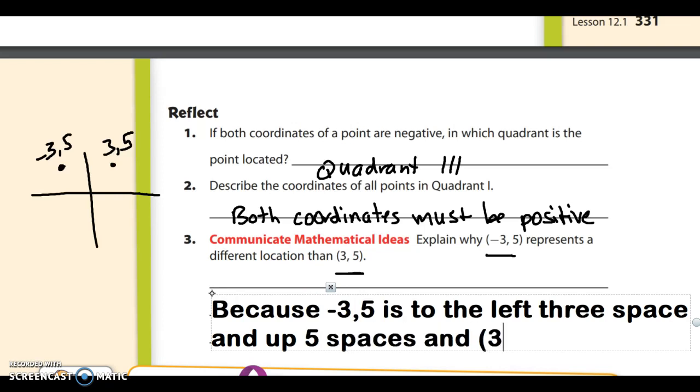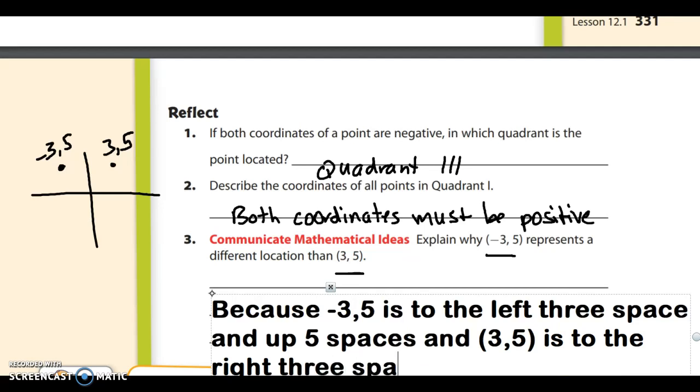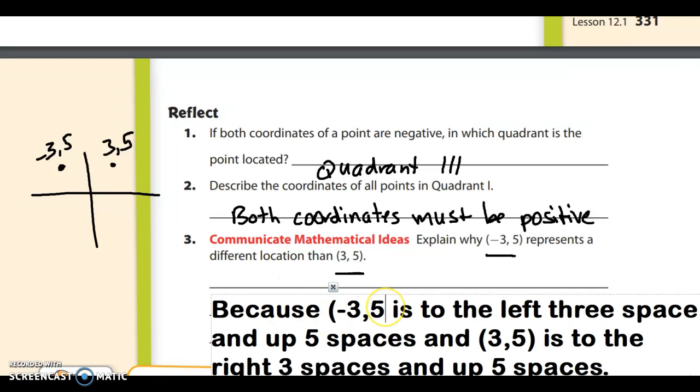And I should put these in parentheses. 3, 5 is to the right 3 spaces and up 5 spaces. They both go up, but one of them goes to the left and one of them goes to the right. And the main difference is that negative.